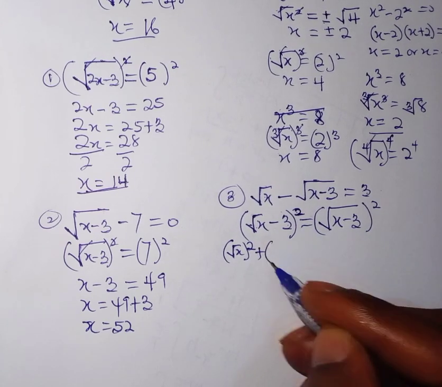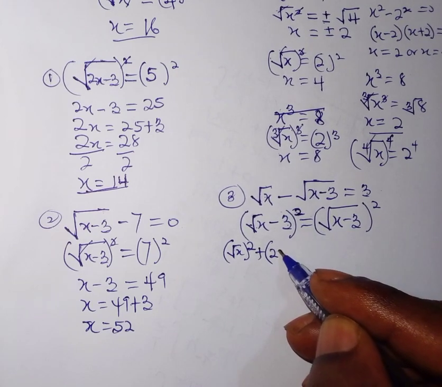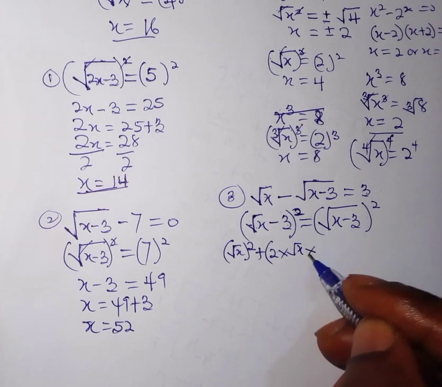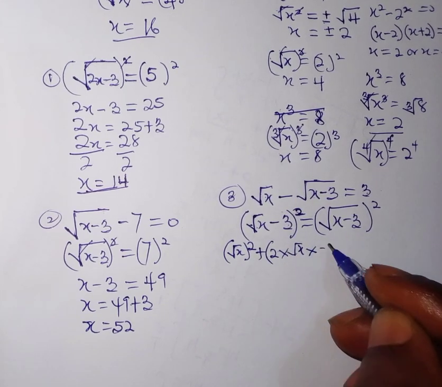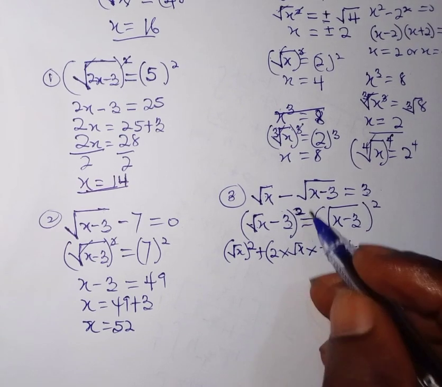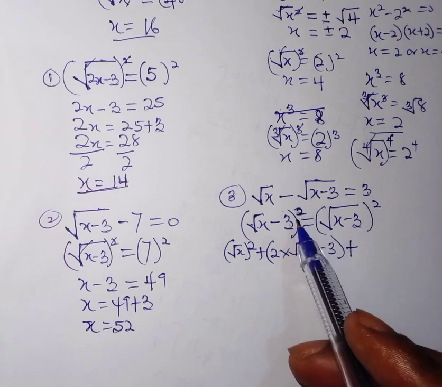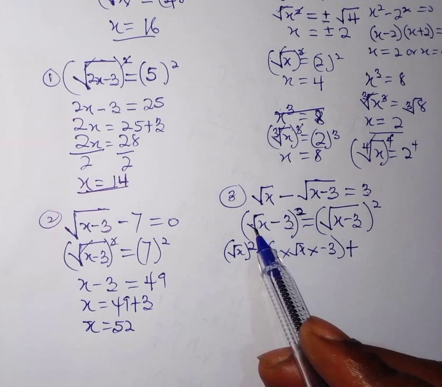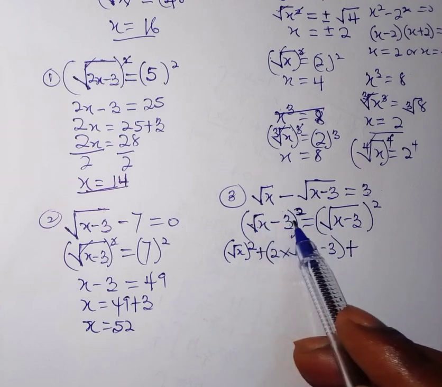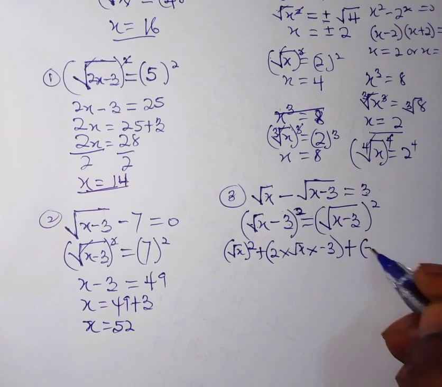So it is going to be 2 times root x times the last term, which is -3. Then plus, you square the last term. So this trick, what you do is square the first term, square the last term, take 2 to multiply the whole of the terms in the middle. Have you gotten the point?